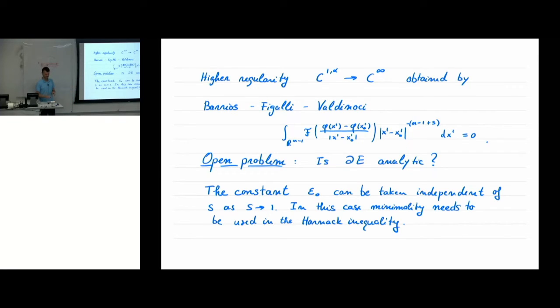And that's one difference. On the other hand, if you want to obtain uniform estimates, estimates that remain true in the limit, then minimality becomes more important. Okay, so let's move on.